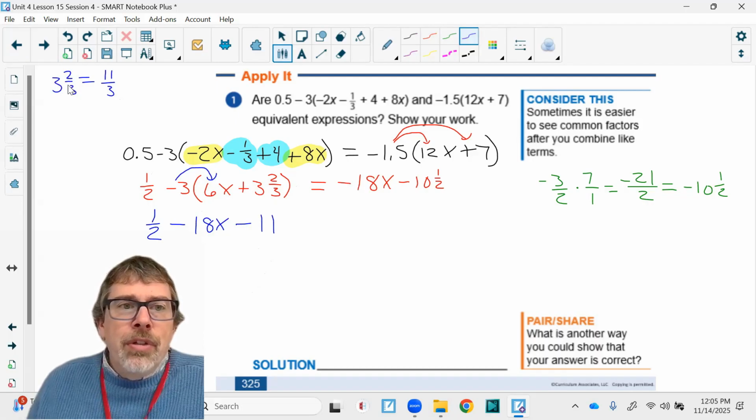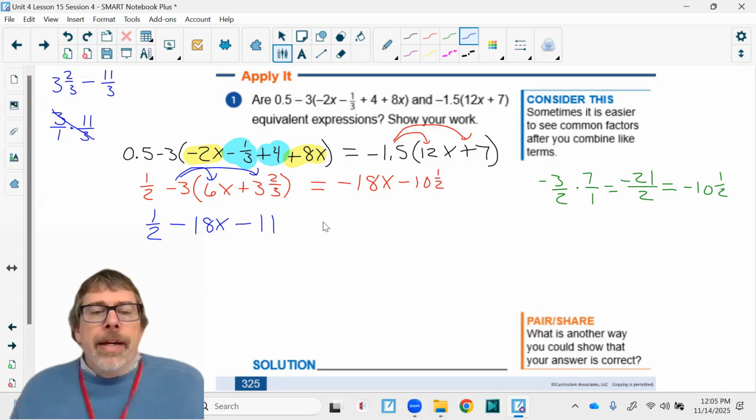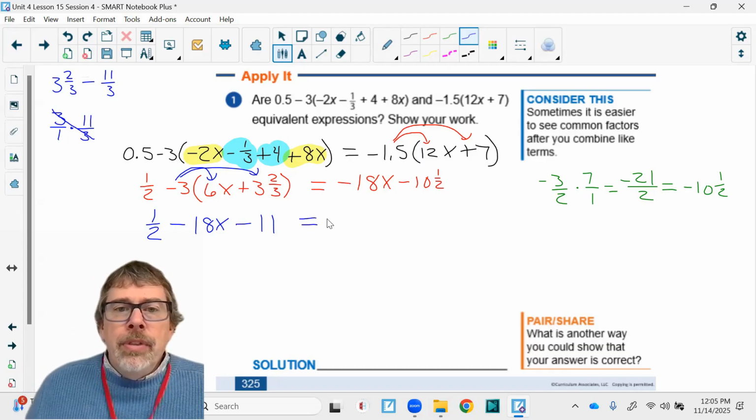Okay, hopefully you understood that. 3 2/3 is 11/3, and I'm multiplying it by a negative 3. So 3 over 1 is 3 times 11 over 3. That's what I was doing. These 3's cancel, and I'm left with 11 over 1, which is just 11. And a negative times a positive is negative. Okay, and that has to equal negative 18x minus 10.5.